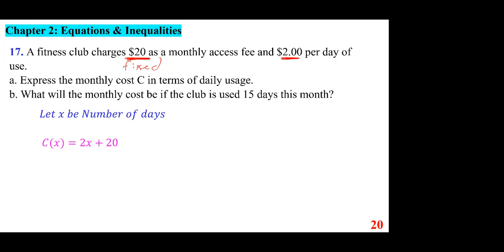The 2 becomes the slope. How about if we use it for 15 days? Replace the x with 15, 30 plus 20, they're going to charge us $50. Again, pretty straightforward. There is not much to it.